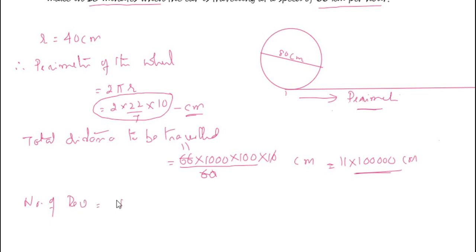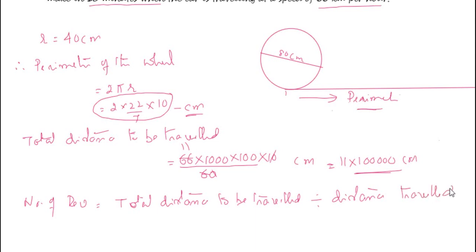is total distance to be traveled divided by distance traveled in one revolution.